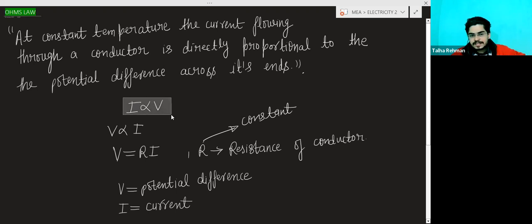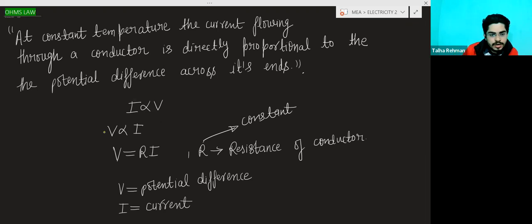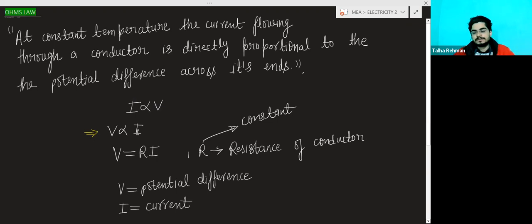Okay, so this current is directly proportional to V. You can write this thing like this also: potential difference is directly proportional to the current. Now when you remove this proportionality sign, here will be an equal to sign and here will be one constant term.